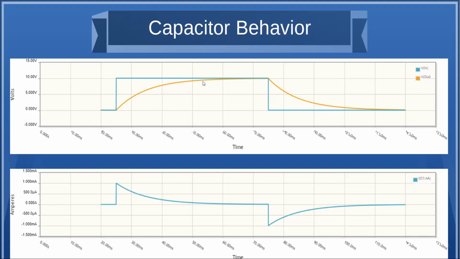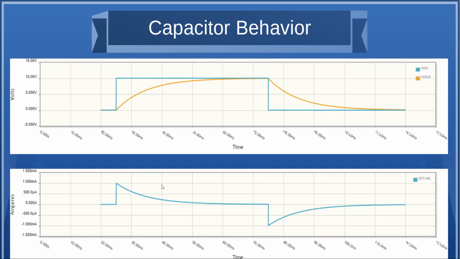And how fast that charges is a function of the current going in, which we limited with that resistor. Because if I had no resistor there, it would almost exactly follow the square wave and you wouldn't be able to see the effect. Now, once it's charged up, we take the voltage away and it slowly discharges back through the circuit, through that resistor.